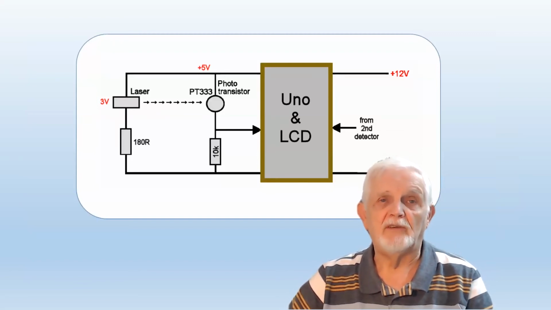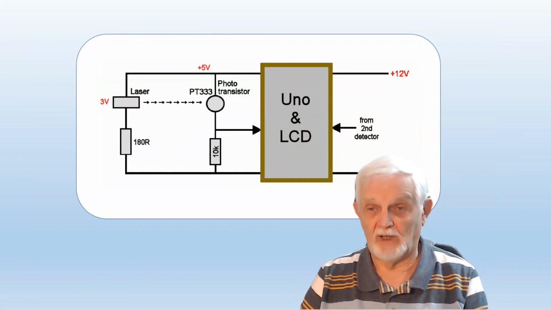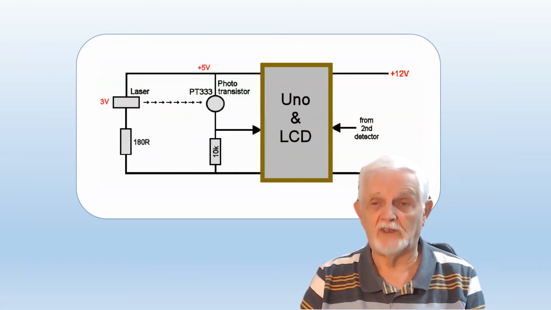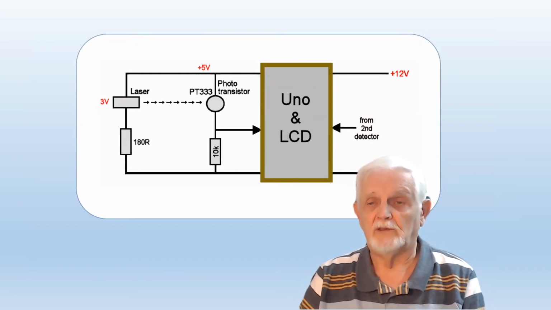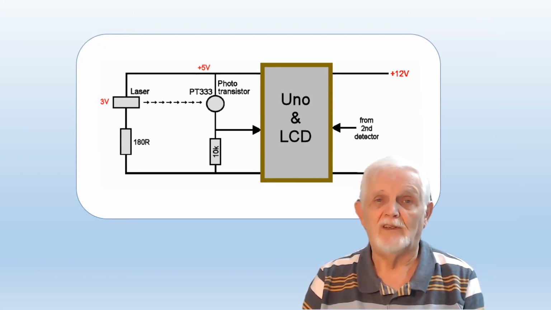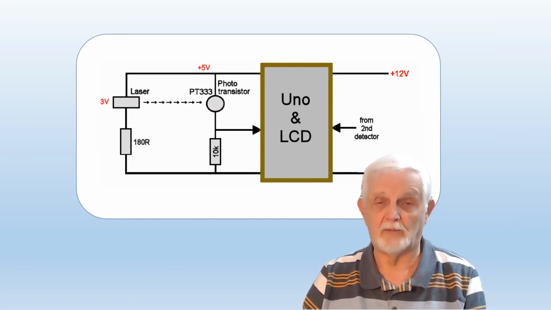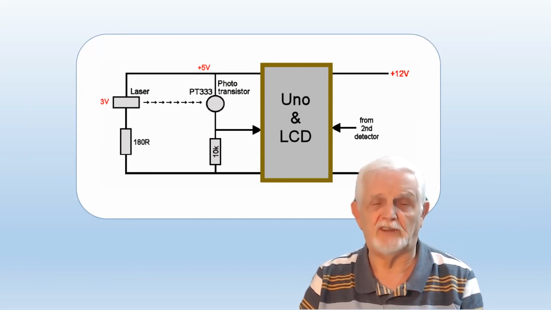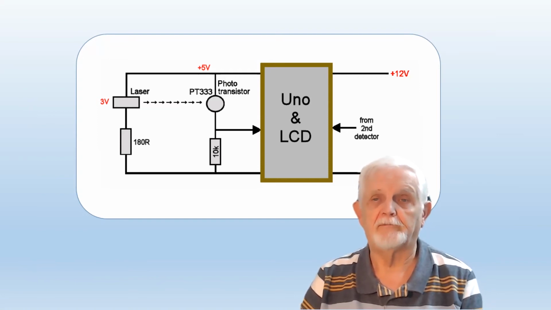The laser is normally a 5-volt laser. I've got it working on 3 volts to cut down the current and make it longer life. And I haven't gone to the bother of having it switched like I did with the pocket money kit, because it's not going to be on for too long at any one time. If it was, we would have to probably arrange some switching of the laser to save laser life.